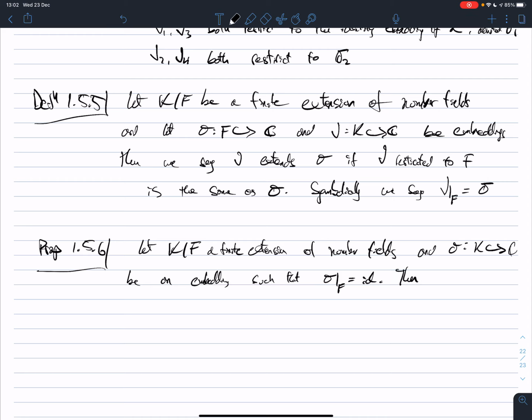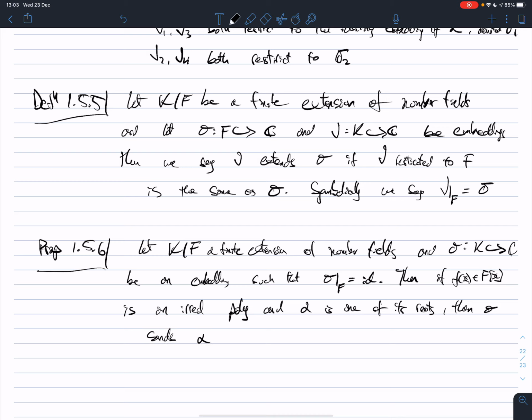Then if f of x in F[x] is an irreducible polynomial, and alpha is one of its roots, then sigma sends alpha to a conjugate of alpha.